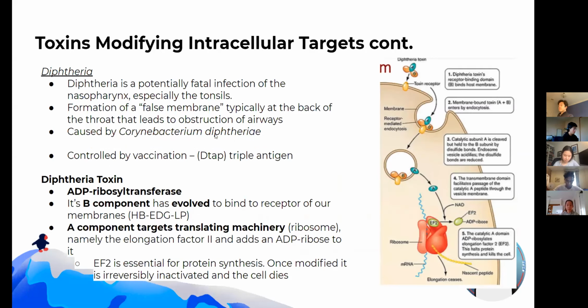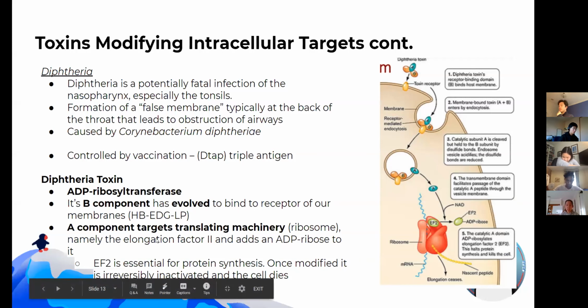So if we have a look at the toxins that we just mentioned, one being the diphtheria toxin. The diphtheria toxin is an ADP ribosyl transferase. Its B component has essentially evolved to be able to bind to a part of our receptor.